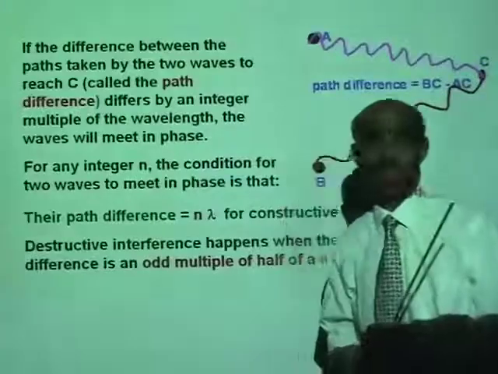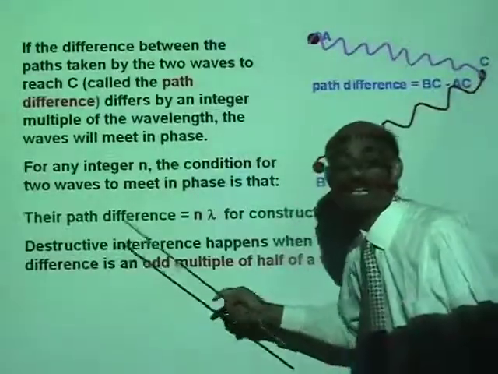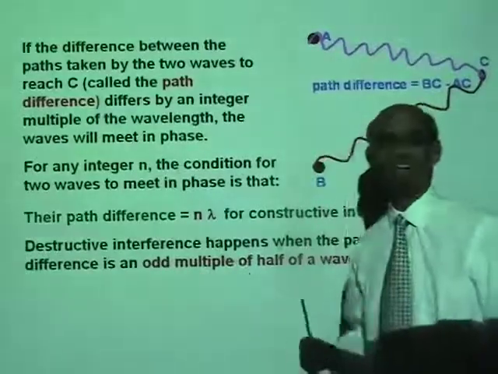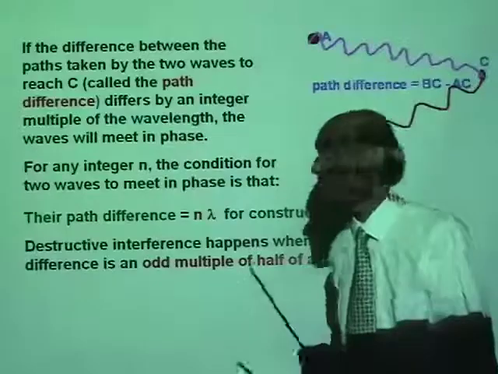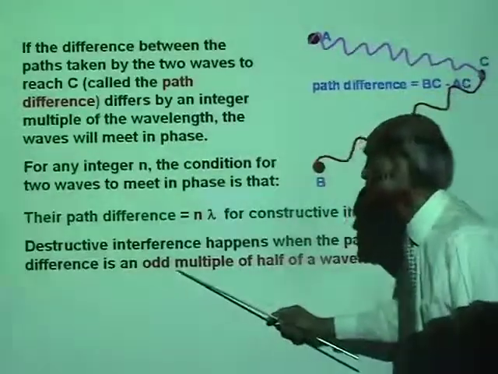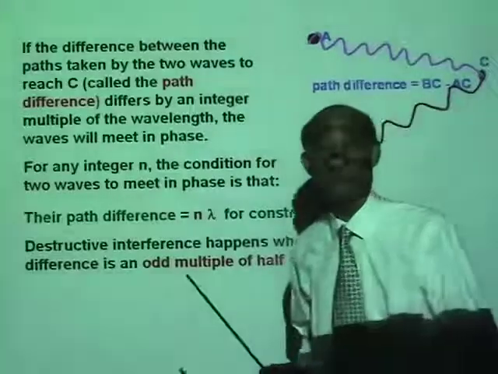On the other hand, what is the condition that they will be meeting out of phase, or they will destroy each other? The condition for destructive interference happens when the path difference is an odd multiple of half a wavelength.